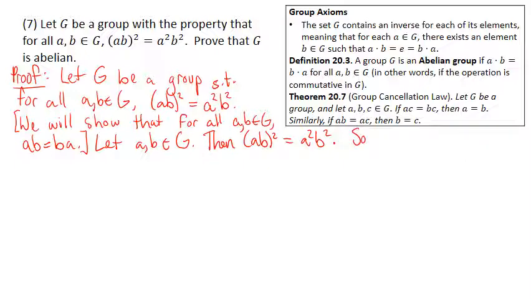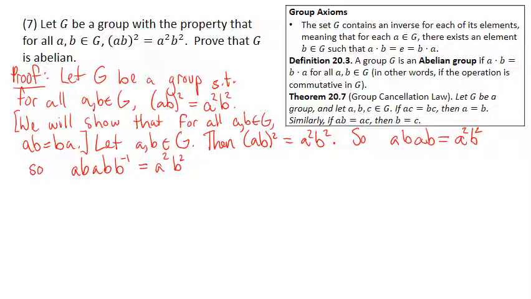Since we have (AB) squared, that's the same as AB AB. So I can write that. And then what I can do is multiply both sides by B inverse or A inverse as much as I want to, because it's a group, so those inverses exist. So I'm going to multiply both sides on the right by B inverse.